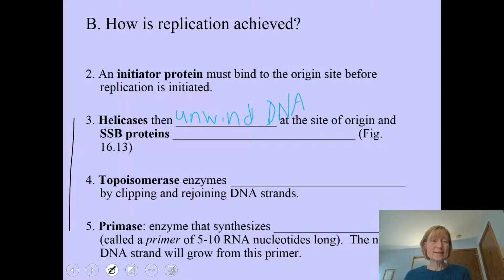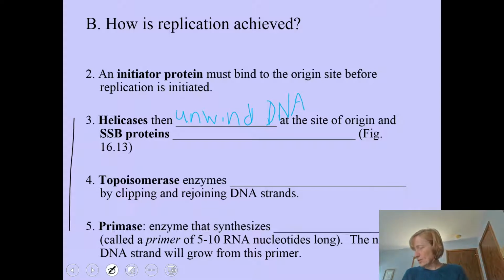And once the helicase unwinds the DNA, it just wants to fold back up on itself. To hold the DNA in an unwound position, there are things called SSB proteins, single-stranded binding proteins, that keep the double-stranded DNA apart.